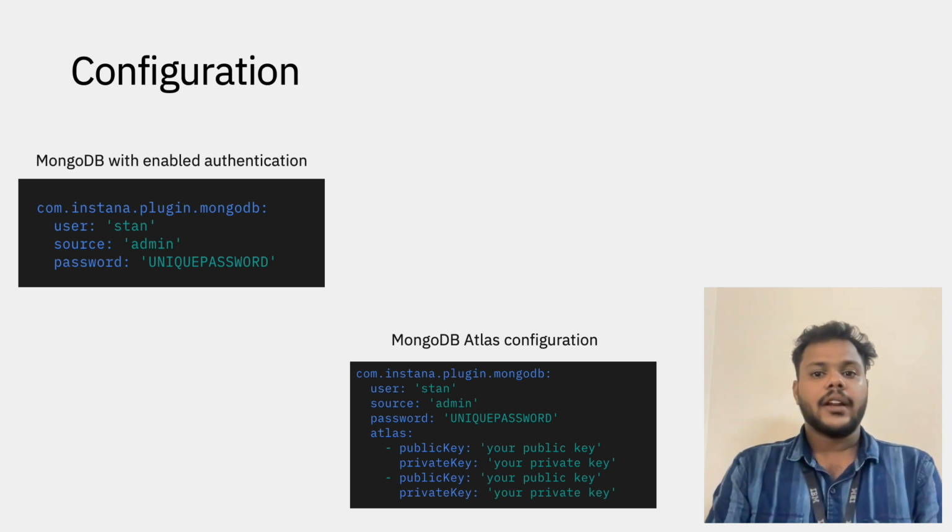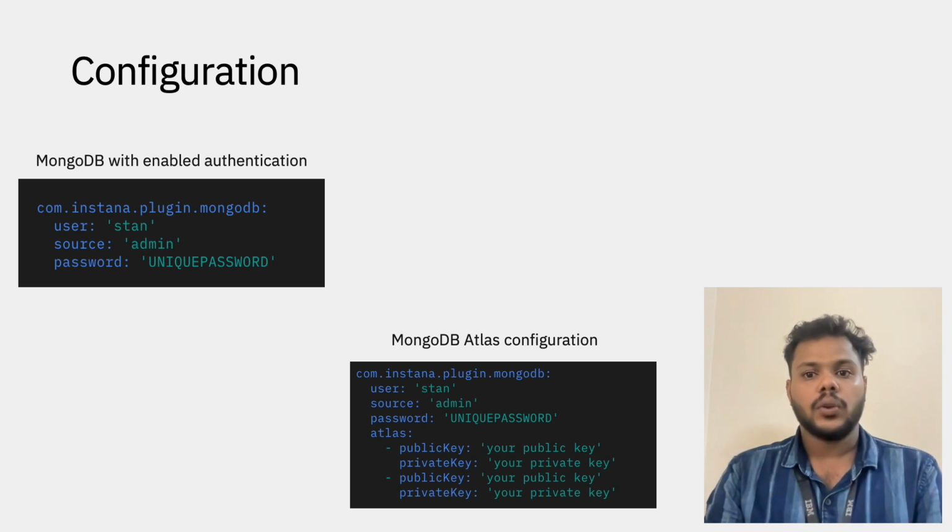If your MongoDB database has authentication enabled, apply the configuration on the left side in the configuration YAML. Here, user is the username that the Instana agent will use to authenticate with the MongoDB server. Source refers to the database or authentication source where the user is defined. You can replace the placeholder with the secure password for the Instana user.